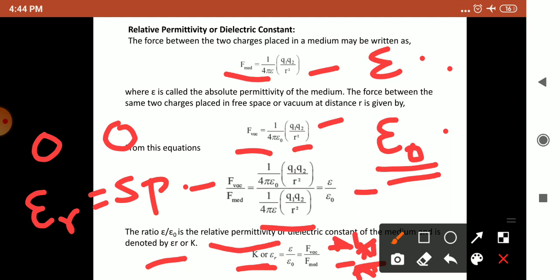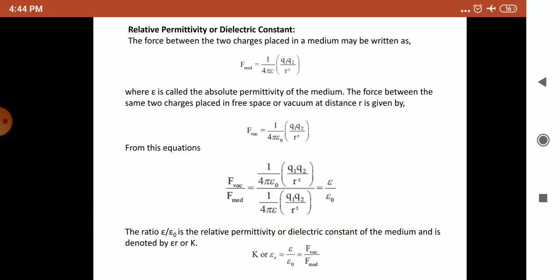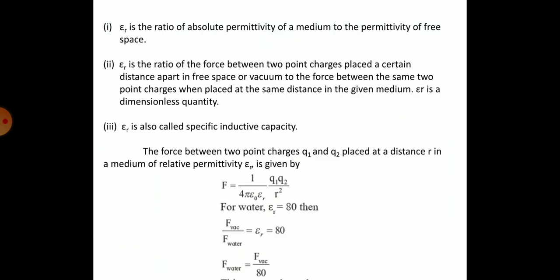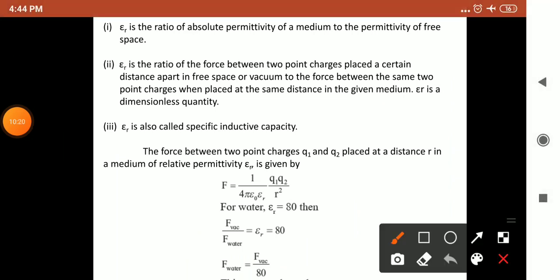The force between two point charges Q1 and Q2 placed at a distance r in the medium, then the relative permittivity epsilon r is given by F equal to 1 upon 4 pi epsilon 0 into epsilon r into Q1 Q2 upon r square.